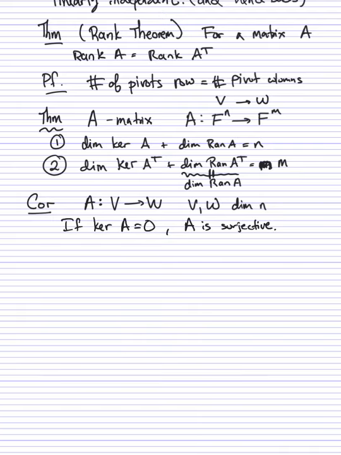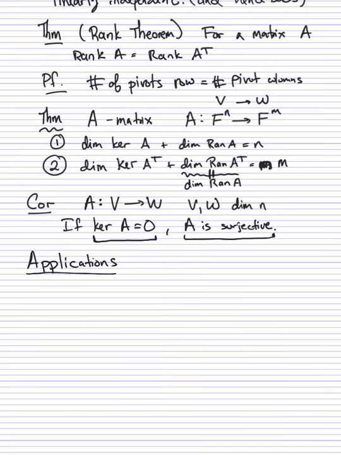This is a nice way to check a linear transformation. It's a condition that you can check, and it's easier than checking that you map onto every image vector.